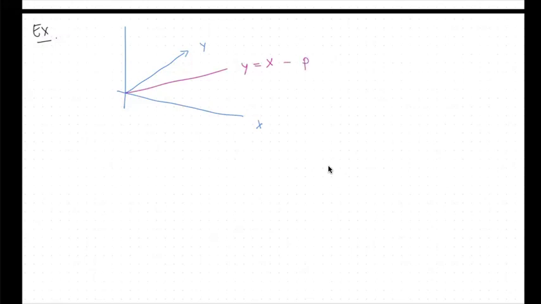This is a plane. This is a plane that extends upward. And then you have a cylinder.